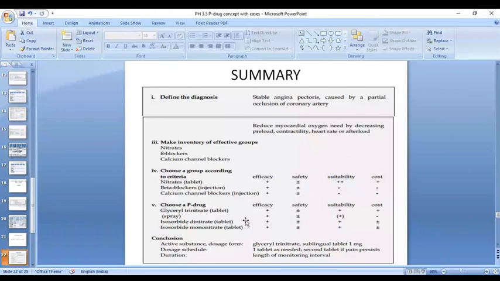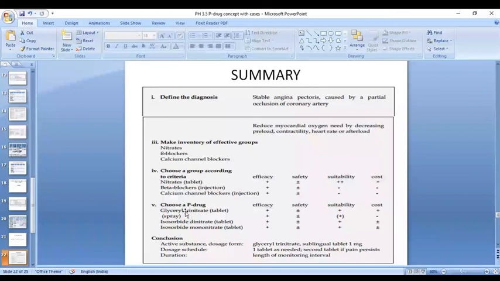Cost-wise also, glyceryl trinitrate is much cheaper than the other two formulations. So based on efficacy, suitability, and cost, our P drug would be glyceryl trinitrate sublingual tablet or spray. I mean, the sublingual tablet would be preferred because its cost is again lesser for the patient.